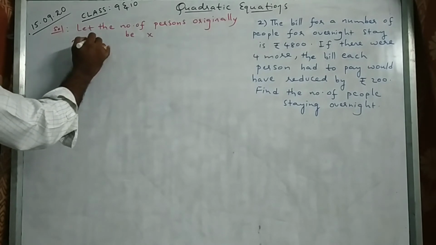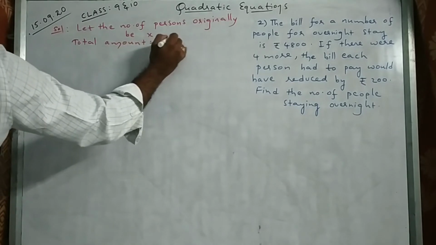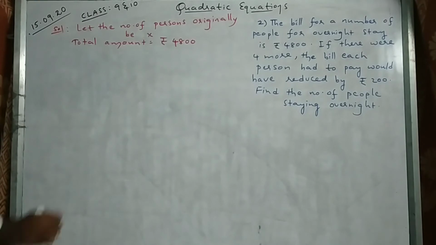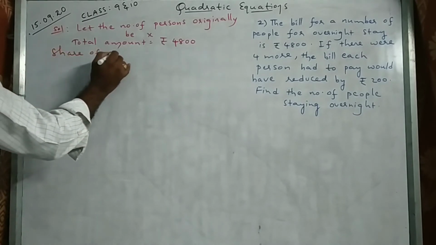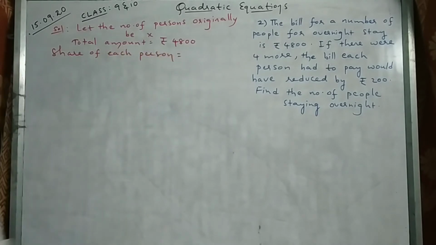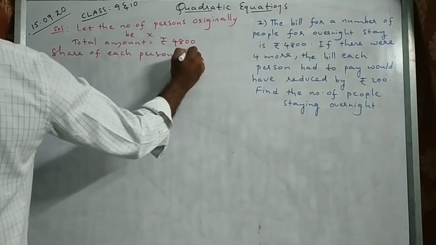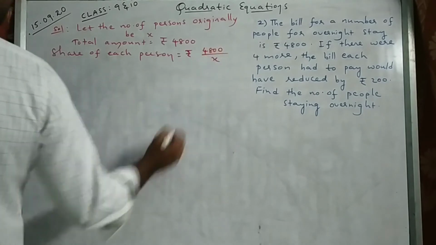Total amount is equal to rupees 4,800. Okay, share of each person. Total amount 4800, persons are x. So share will be 4800 upon number of persons.